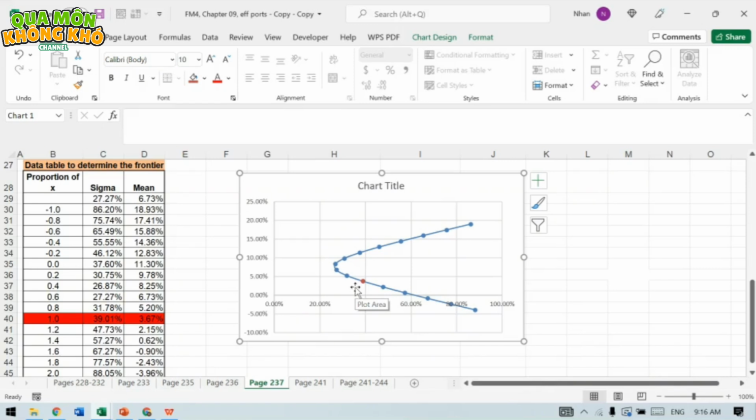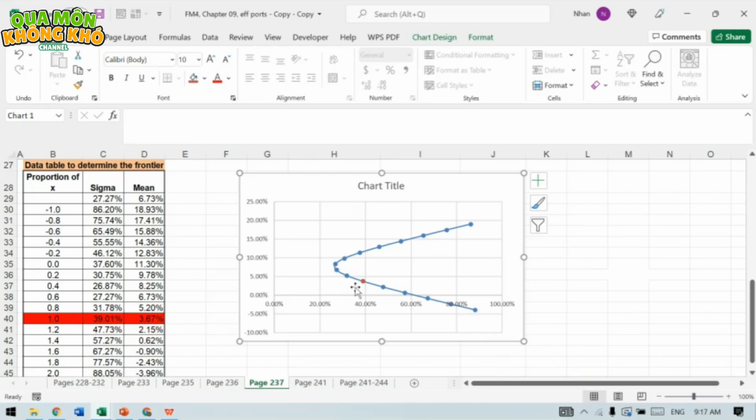So it's all about the optimization process. You need to be careful when you select the constant, because some constants will give you the envelope portfolio, and some will give you the efficient portfolio, and what we need to identify is an efficient portfolio.